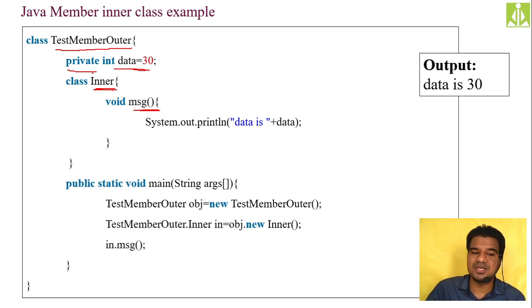If it is static, you can access it using the class name of the outer class. But as it is non-static, you have to depend on the object. Anything which is non-static, you cannot go with the class name; you have to go with the object name. Anything that is static, you go with the class name; you need not depend on an instance. This difference is very, very important.